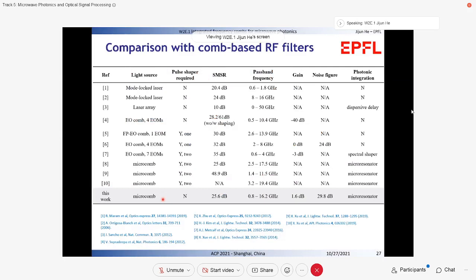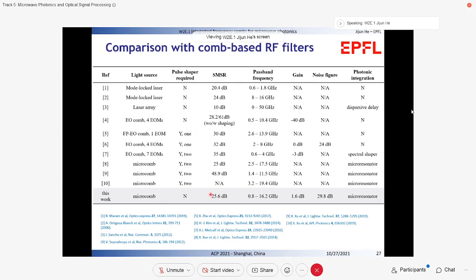The performance of our filter is compared to other comb-based IF filters listed in this table. Compared to those using mode-locked lasers or EO combs, microcombs indeed simplify the light source part. Compared with IF filters of the same type using microcombs, our implementation is much simpler since we bypass the use of the pulse shaper.